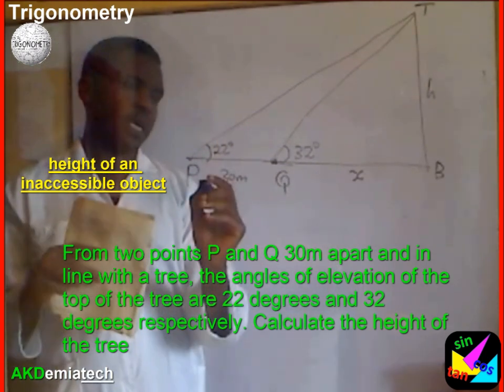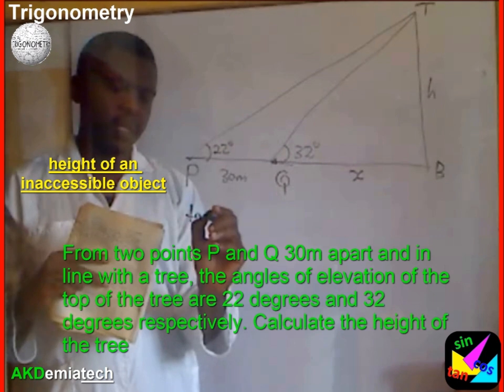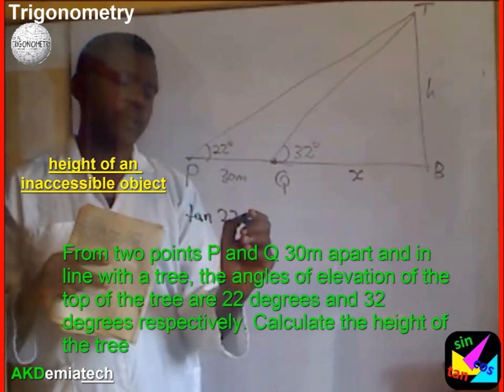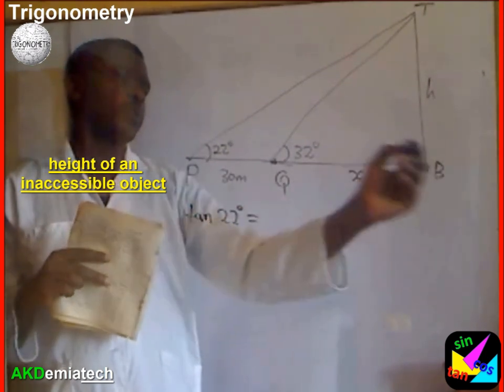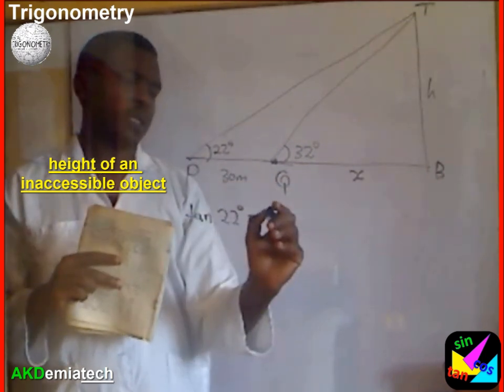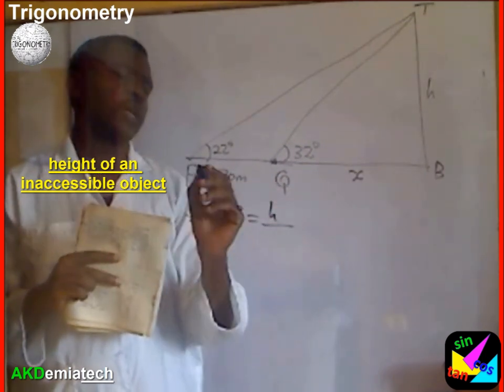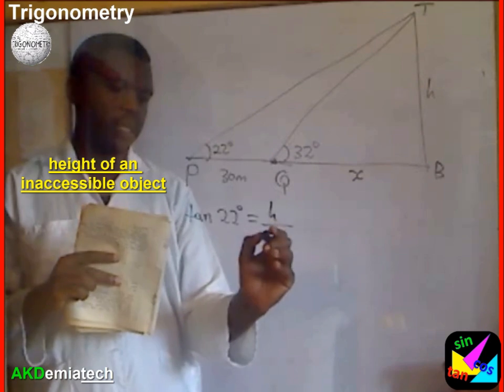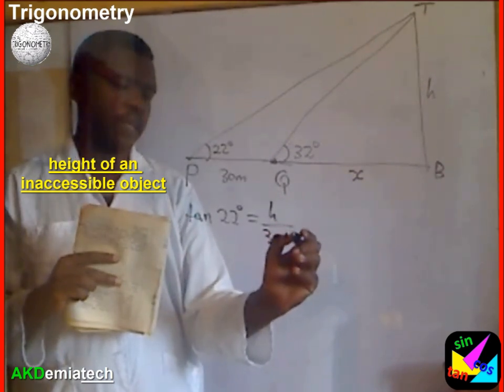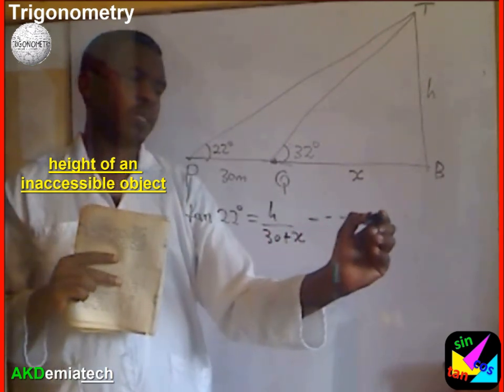Here, I'll say that tan 22 degrees is equal to opposite, that is h, all over adjacent, that is 30 plus x. Call this equation 1.